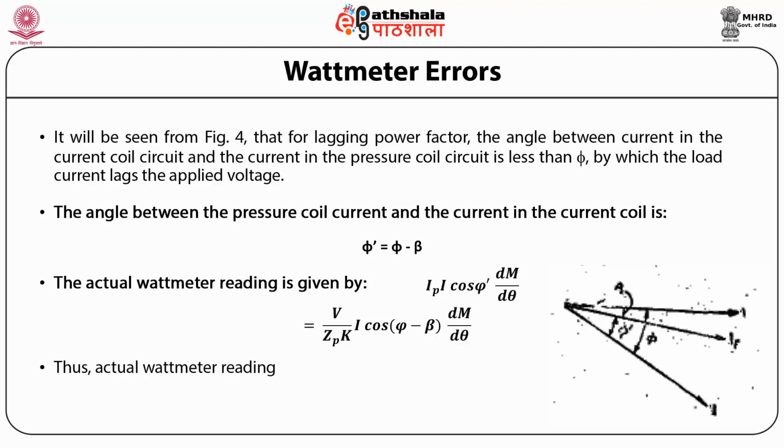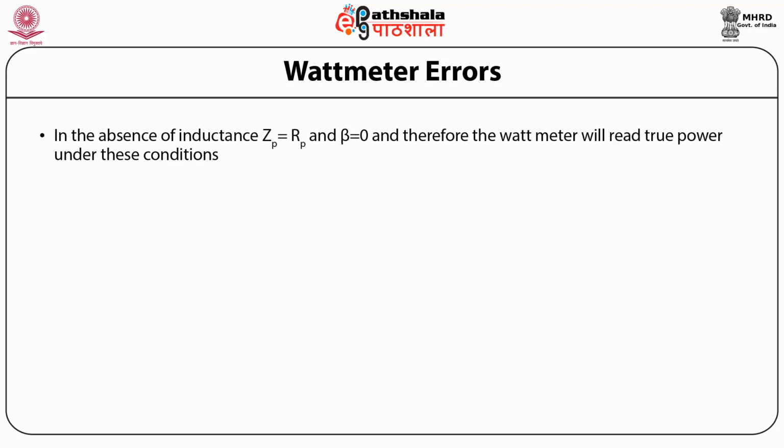Thus, actual wattmeter reading is equal to Vi multiplied by cos phi minus beta divided by K into Rp by cos beta whole multiplied by dm by d theta. In the absence of inductance, Zp is equal to Rp and beta is equal to 0, and therefore the wattmeter will read true power under these conditions.